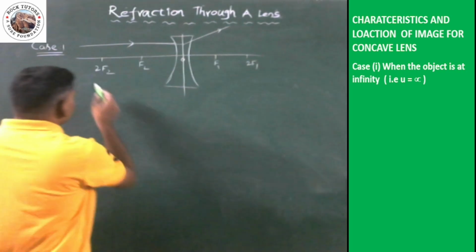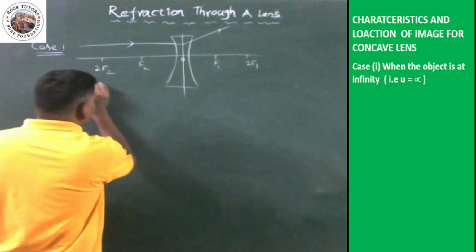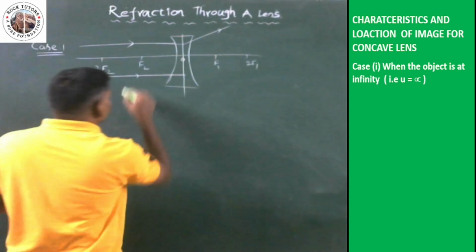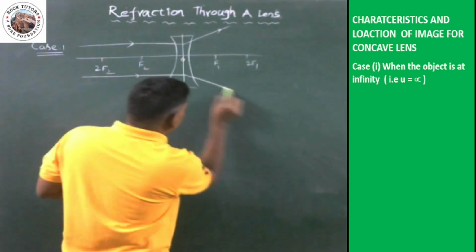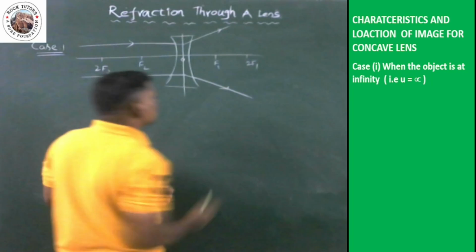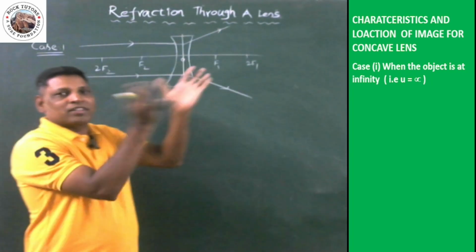One more ray, parallel to the principal axis, also refracts like this. They are diverging.